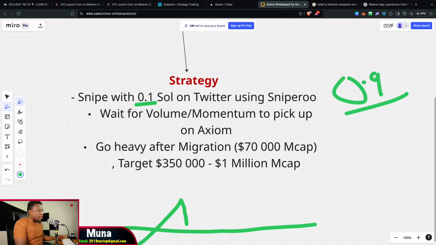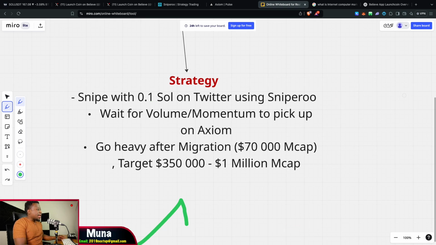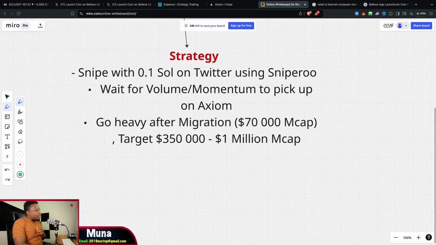And if all the boxes are ticked and you see that it has got good volume, good momentum, this narrative is about to blow up, now you go heavy. So once you go heavy, you are basically 1 Solana in at this particular moment, because the trade has gone your way. All you got to do is wait for it to hit all these psychological targets, you know, 250,000 US dollars, 500,000 US dollars, even $1 million US.